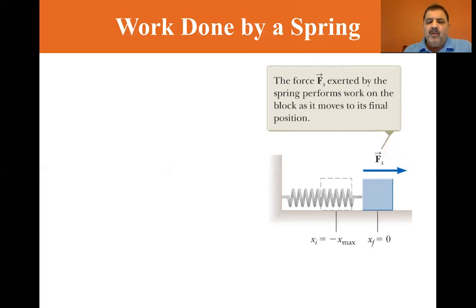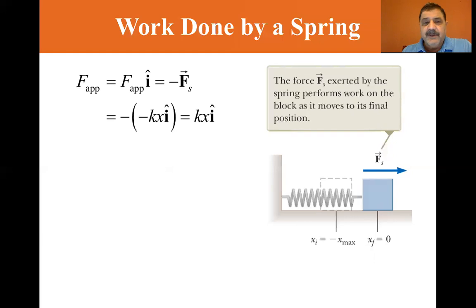Let's calculate the work done by the applied force. F applied is equal to minus Fs, minus the spring force, in the i direction. In other words, if you're applying the force, it's opposite the spring force. So it's minus the spring force, which is equal to kx i.